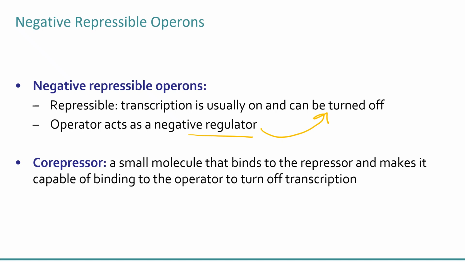Very often we need a co-repressor, which is kind of like that inducer. It binds to the regulatory molecule, and in this case, helps it bind the operator to block transcription. So it blocks the transcription that is already taking place.